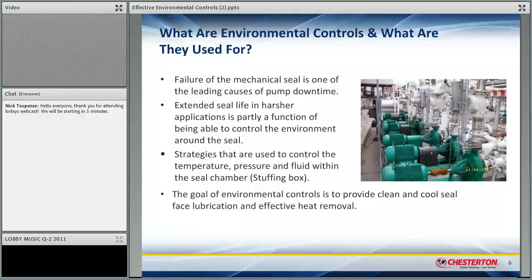It could also be the temperature associated with the fluid itself. But there is also heat that's generated between the rotating and stationary seal faces of a mechanical seal that generates significant heat. In fact, we require a thin film of lubrication between those seal faces to provide a cool face lubrication. So we want to have these environmental controls that are going to provide that clean and cool environment with which the seal can work.